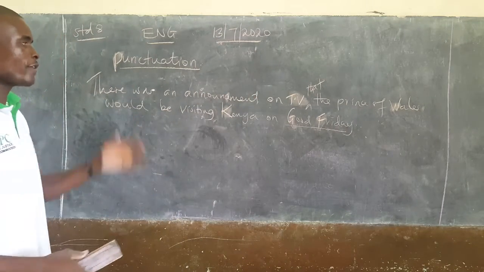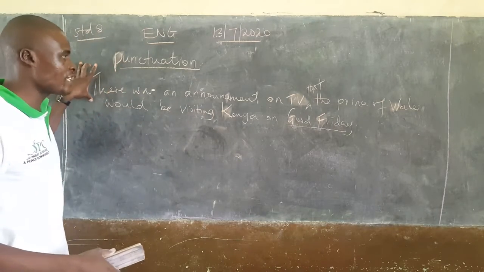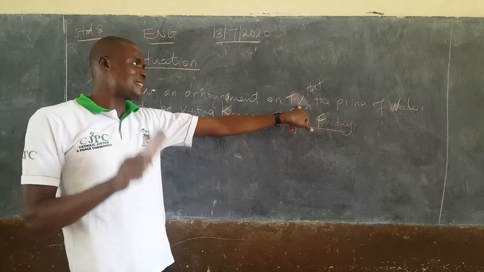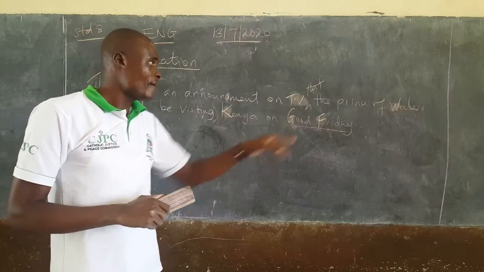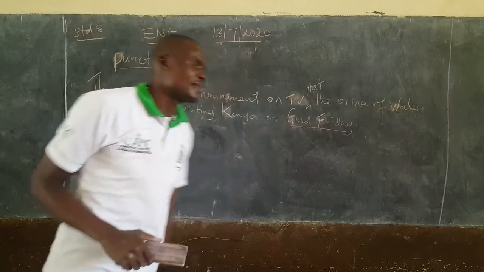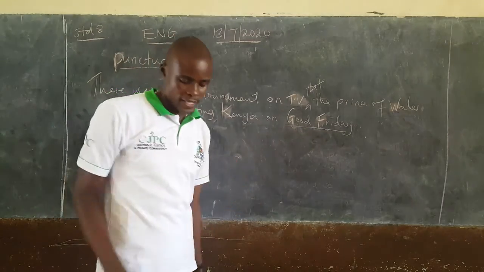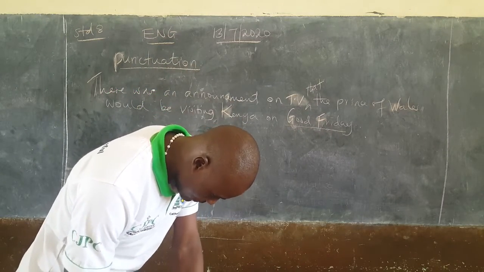On Good Friday. So this sentence is now correct because we have rectified it using the capital letter. All abbreviations like Mr., Mrs., TV, and so on must be in capital letters. Prince of Wales, Wales is a place. We'll be visiting Kenya, the name of a place, on Good Friday. We also have a very important one here.